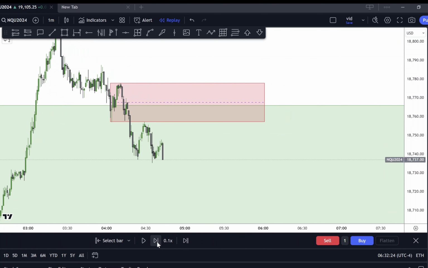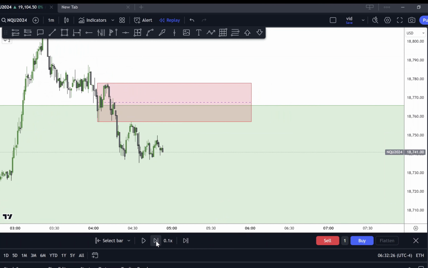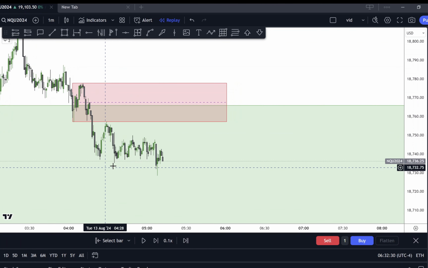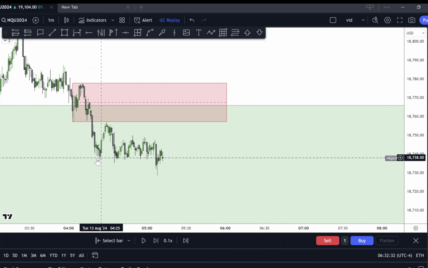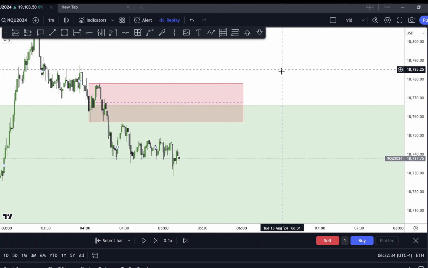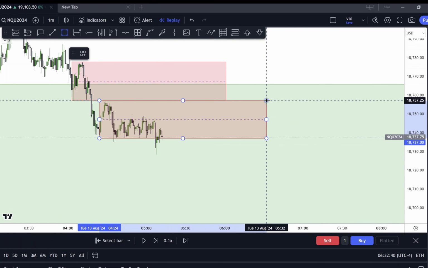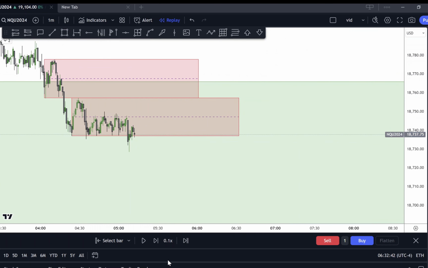Okay, they're accumulating now, and we closed now under this bearish valid pullback. Okay, so now we have a new valid zone, right?